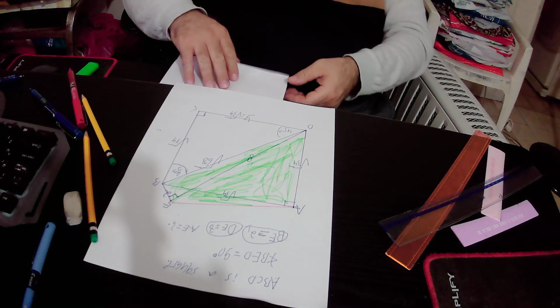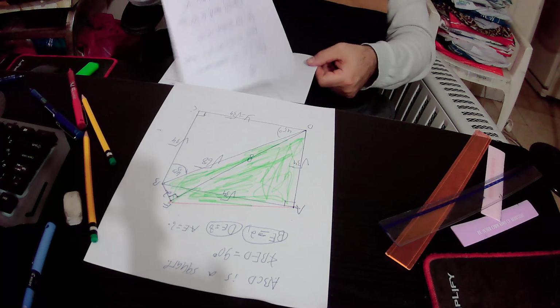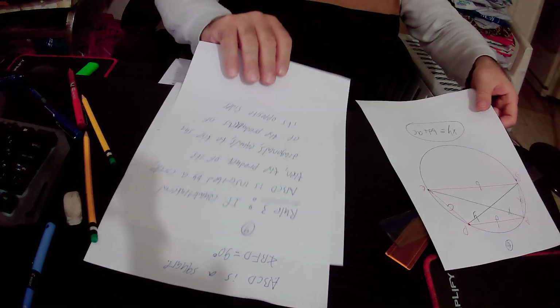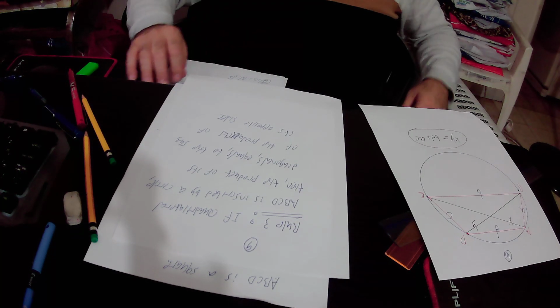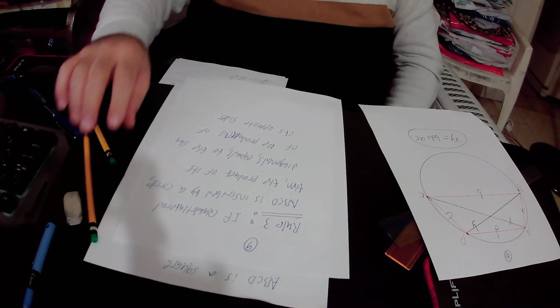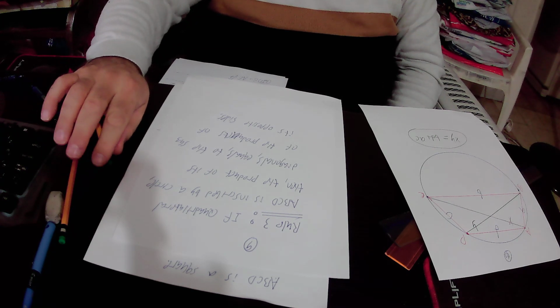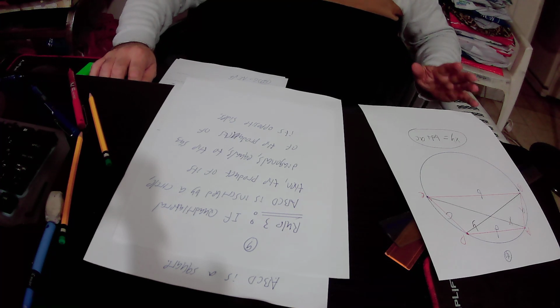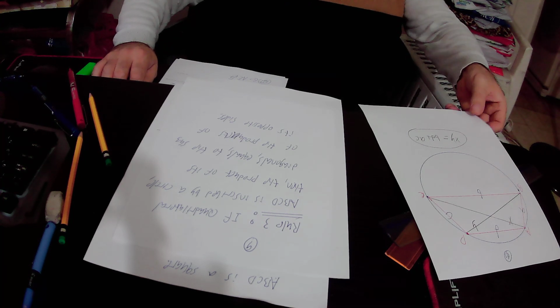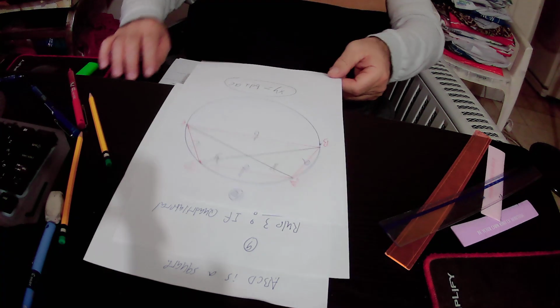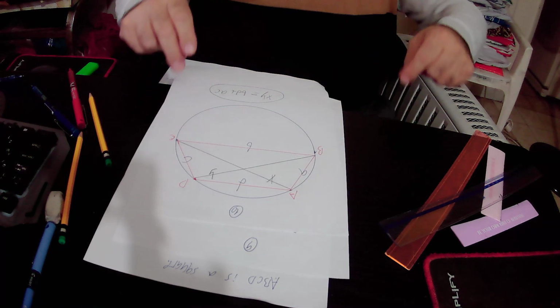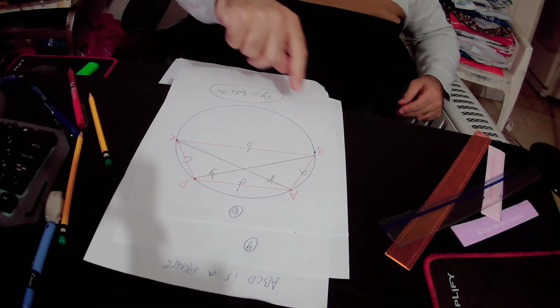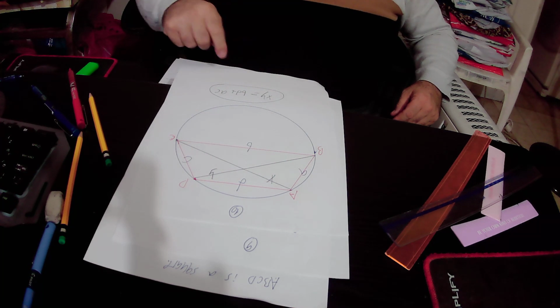According to rule number 3, if a quadrilateral ABCD is inscribed by a circle, then the product of its diagonals equals the sum of the products of its opposite sides. So we have this quadrilateral ABCD in the red color that is inscribed by this blue circle.